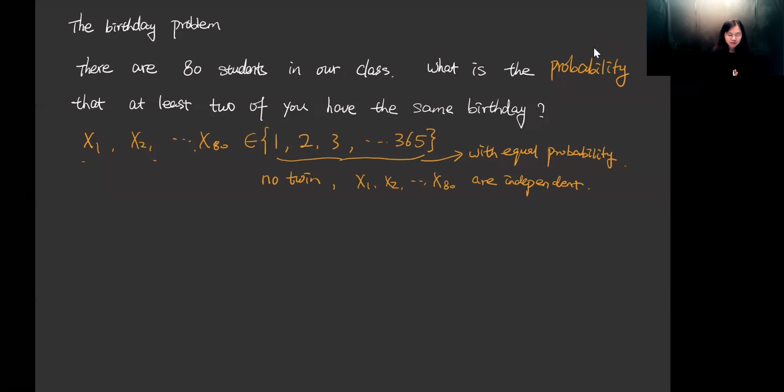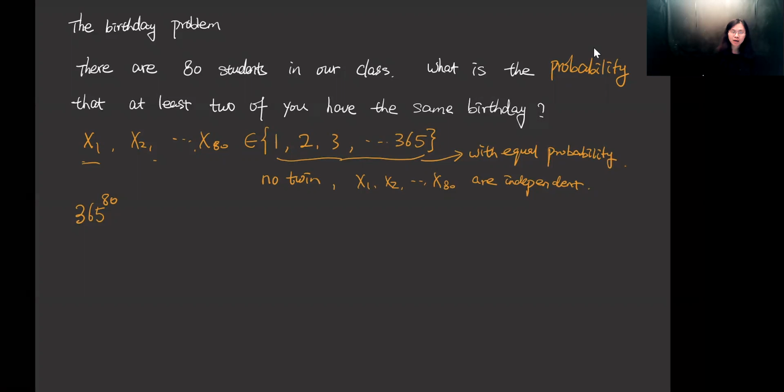Now, given this setup, how many equally likely states are there? Well, for each of you, there are 365 different possible birthdays. And there are 80 of you. So therefore, there are 365 to the power 80 possible outcomes.